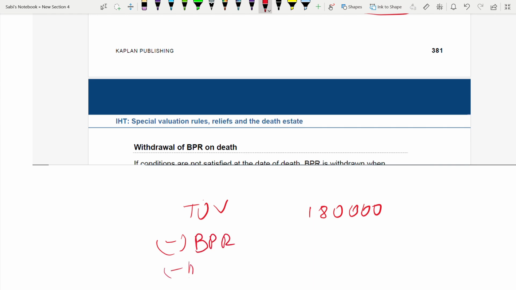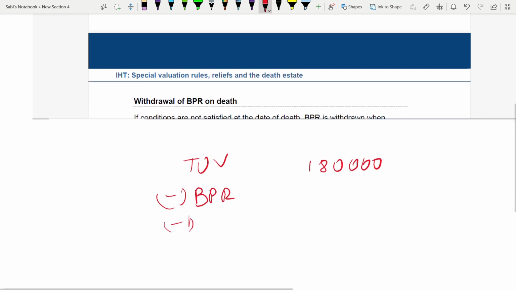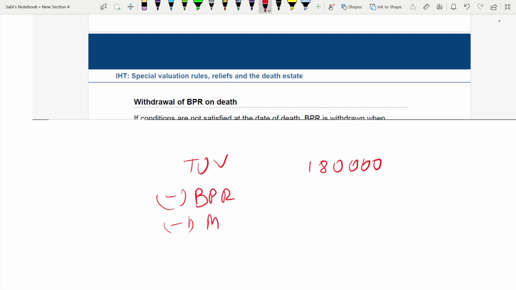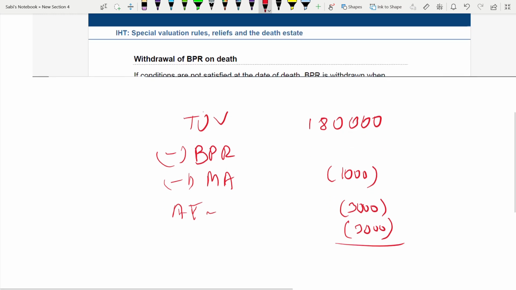Then, as the occasion is marriage, the marriage allowance is there, up to 1,000 to any party. It's a niece. Then the annual exemption: current tax year and previous tax year brought forward, 3,000 and 3,000. Remember, BPR will be restricted because we have investment assets.